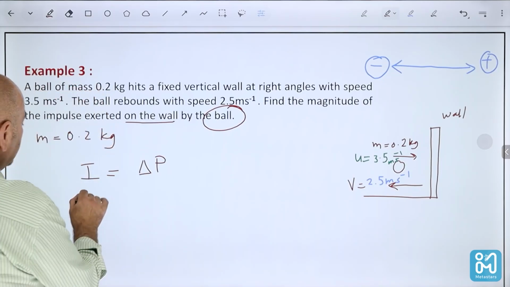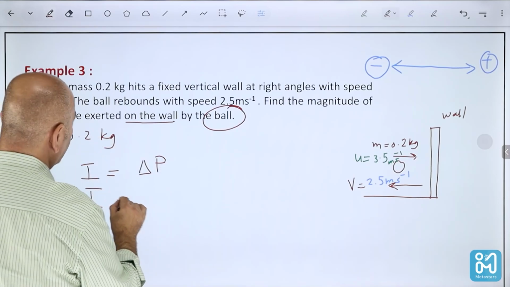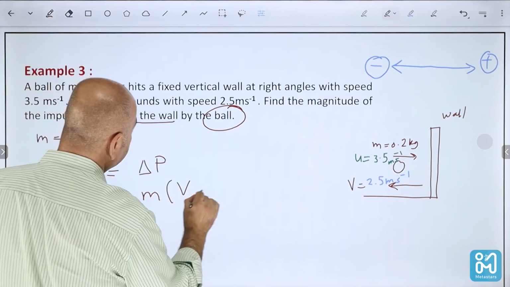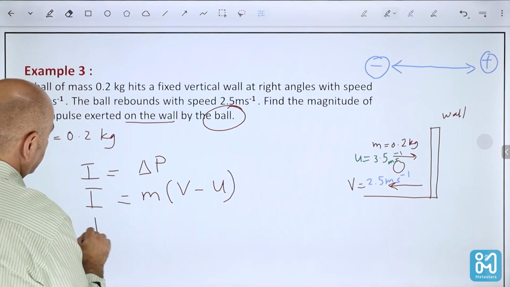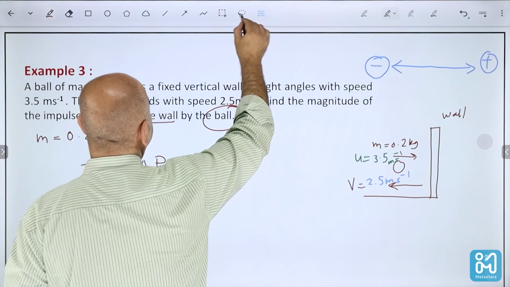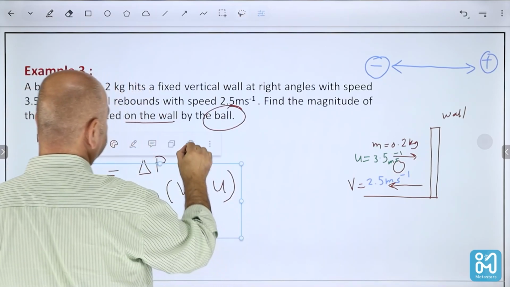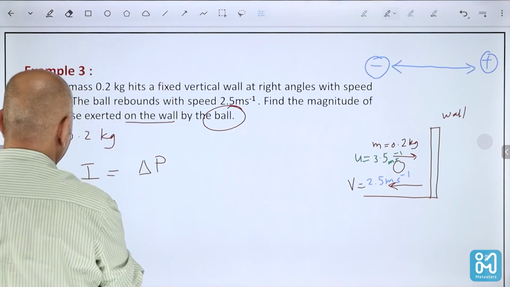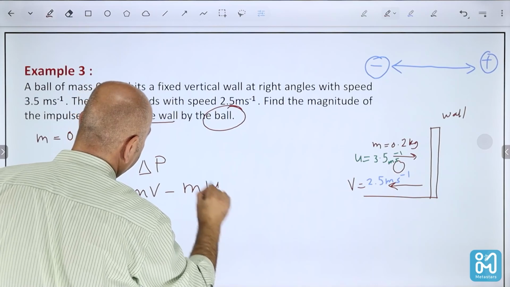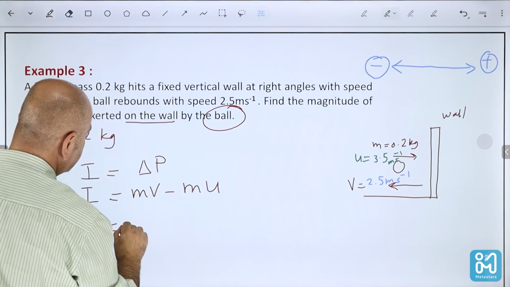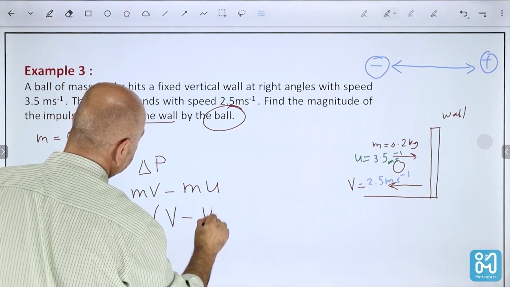So impulse equals mv minus mu. I can factorize m as a common factor, so it equals m times (v minus u).